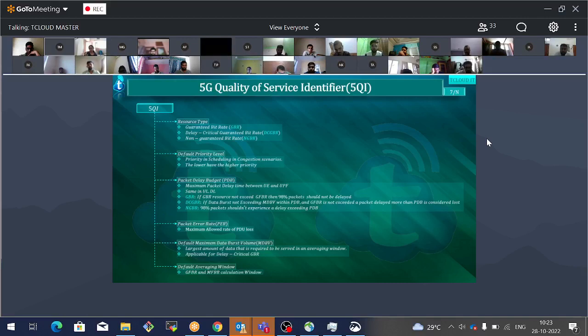This priority value plays the important decision-making role. The lower the value, the higher the priority. What different values are possible for what different services, we'll see that. But that is the default priority level.